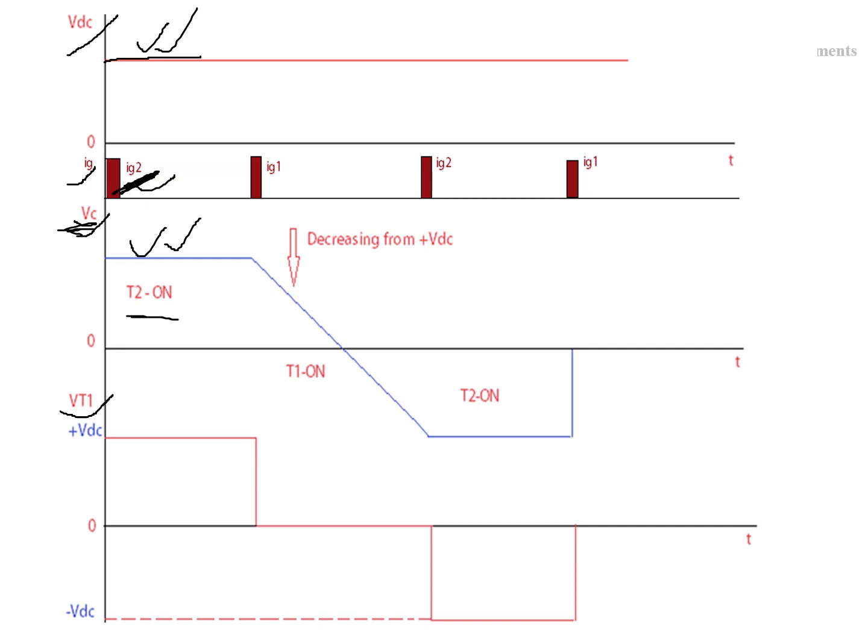Here thyristor T1 is an open circuit, so the same amount of capacitor voltage appears across thyristor T1.